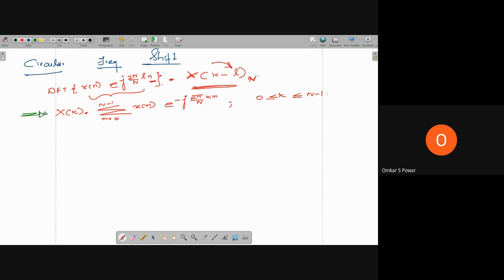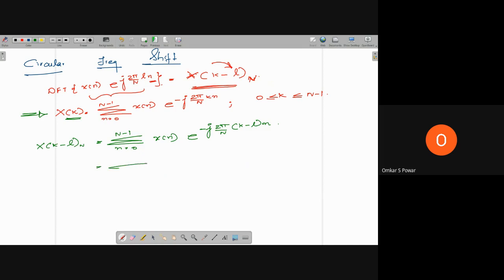So now what we have to do is replace k by k minus l. So x of k minus l mod n is equal to summation n varies from 0 to n minus 1 x of n e power minus j 2 pi by n into k minus l into n.